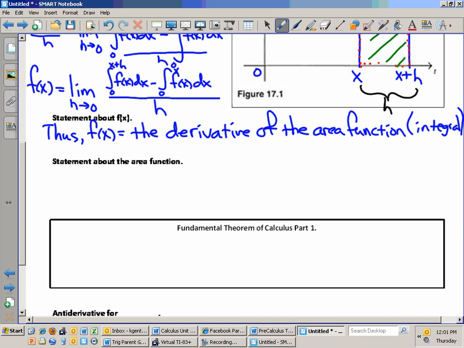But we're not concerned about that necessarily. We're wondering what is the relationship between the area function and f of x. I've kind of written it backwards. It says f of x is the derivative of the area function. Well, if we know that's true, then we know this is true.